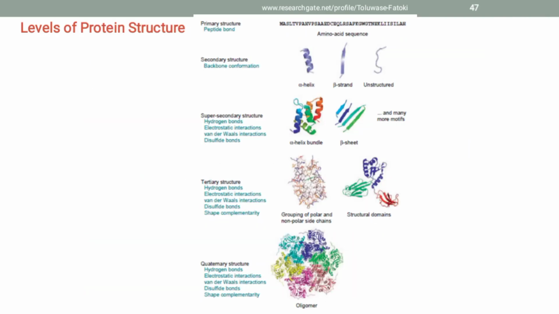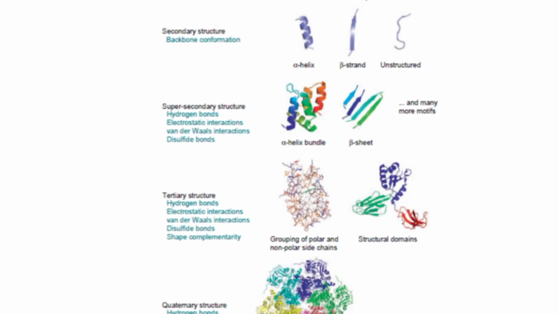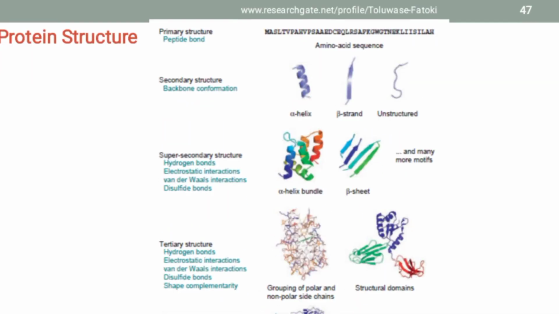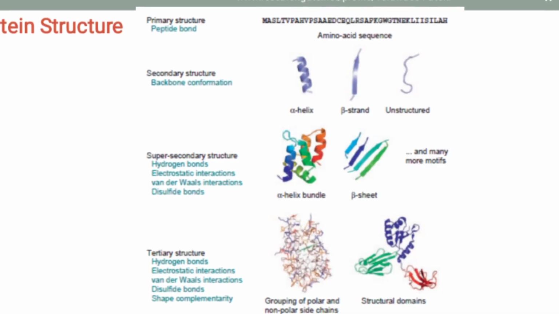So levels of protein structure, we have the 5 levels. We call it majorly 4 levels, but one of the levels is a substructure. Okay, we have the primary structure of protein, which is a kind of random fluidic arrangement of amino acids.